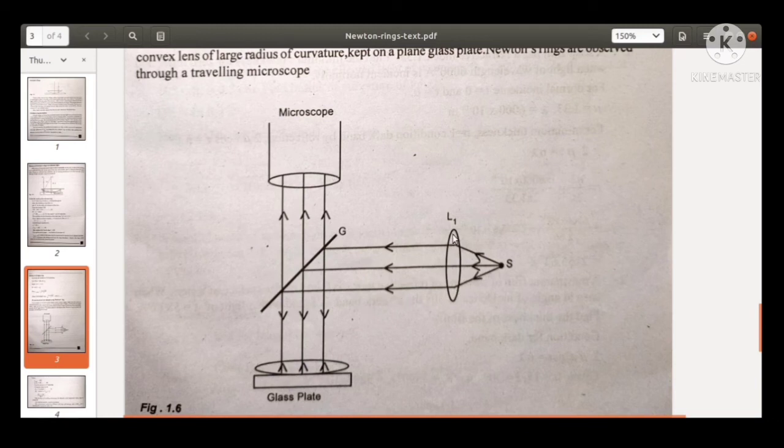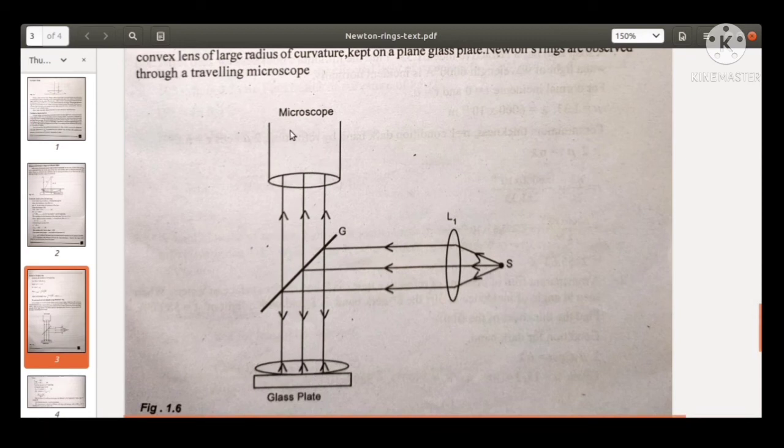If you place this source of light here and allow it to fall on a glass plate at 45 degrees, it makes a setup in which the light will fall normally on this arrangement. So this is how we arrange to get normal incidence on this surface.